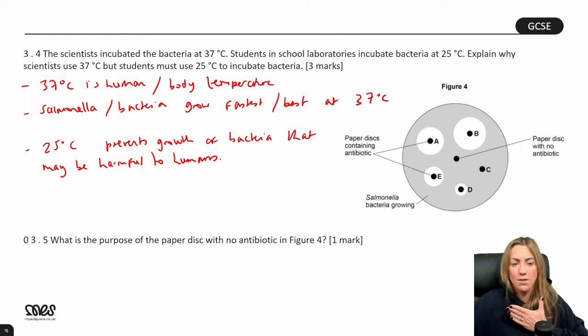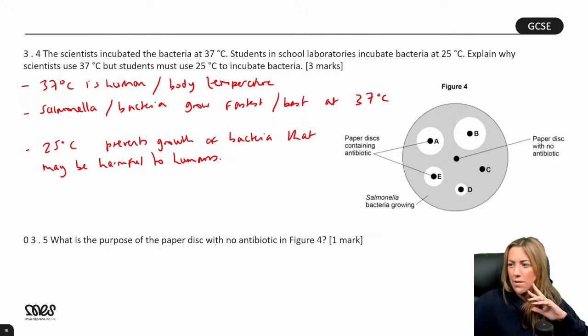So we don't want to use 37 because that would encourage the growth of potentially dangerous pathogens that are dangerous to humans. So we use 25, which is cooler. It's far below human body temperature. So we don't grow any bacteria that could potentially be harmful to humans. You could also say it's too low or too cold for the growth of human pathogens. Okay, so hopefully we're not growing anything dangerous.